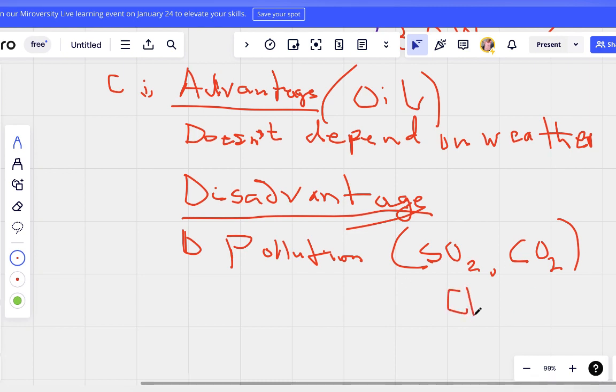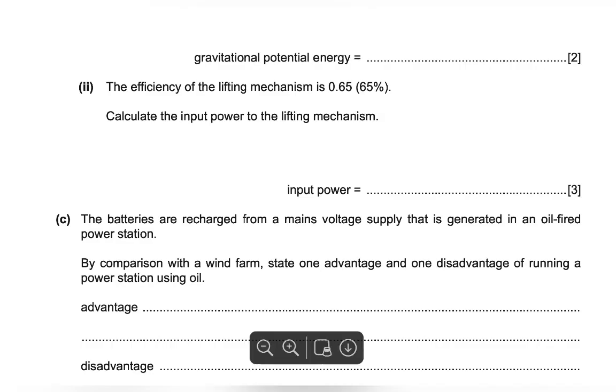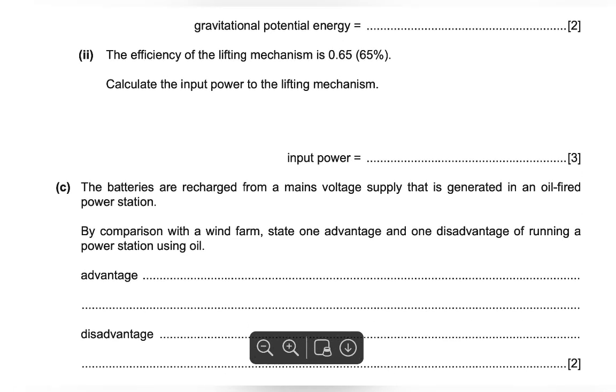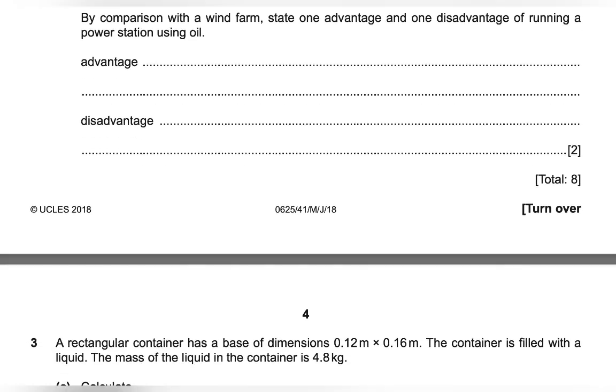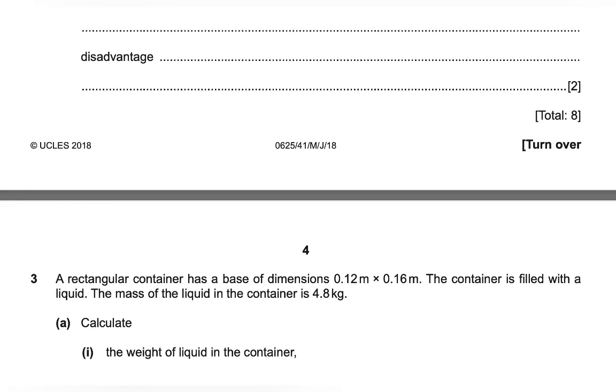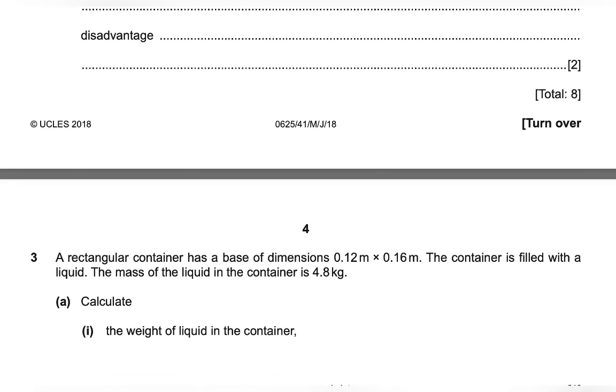So all these are pollution, greenhouse gases which pollute our environment. So this is the disadvantage. So let's move on to the next question. I think we finished question 2. Now let's go to question 3.